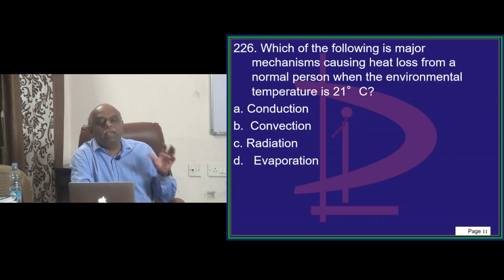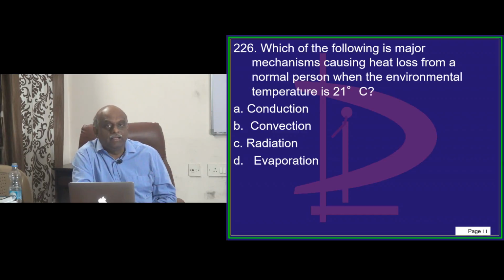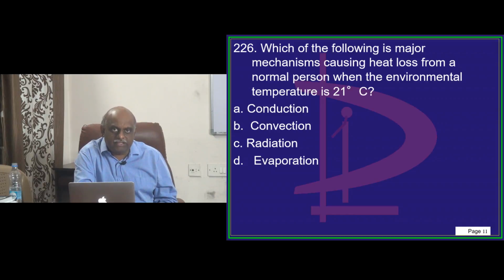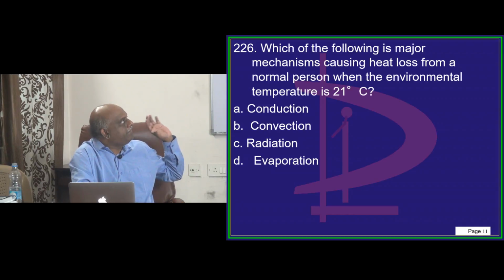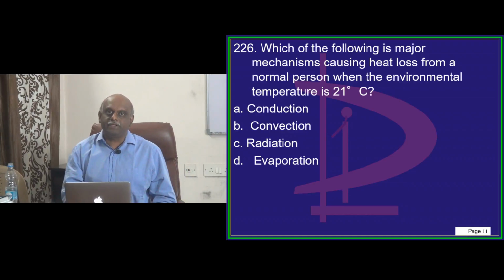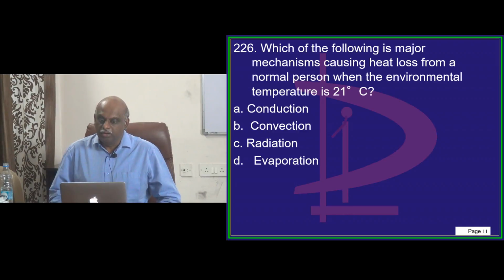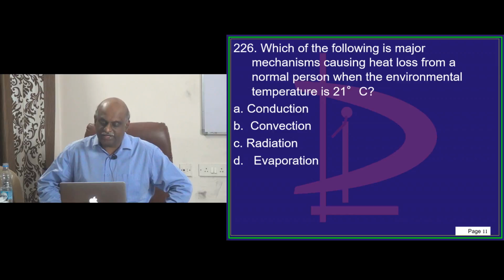Now, what is the main mechanism causing the heat loss from a normal person when the environmental temperature is 21 degrees Celsius? What is the main mechanism causing the heat loss from a normal person is a very important question. Question number 226. Yes, that's right.